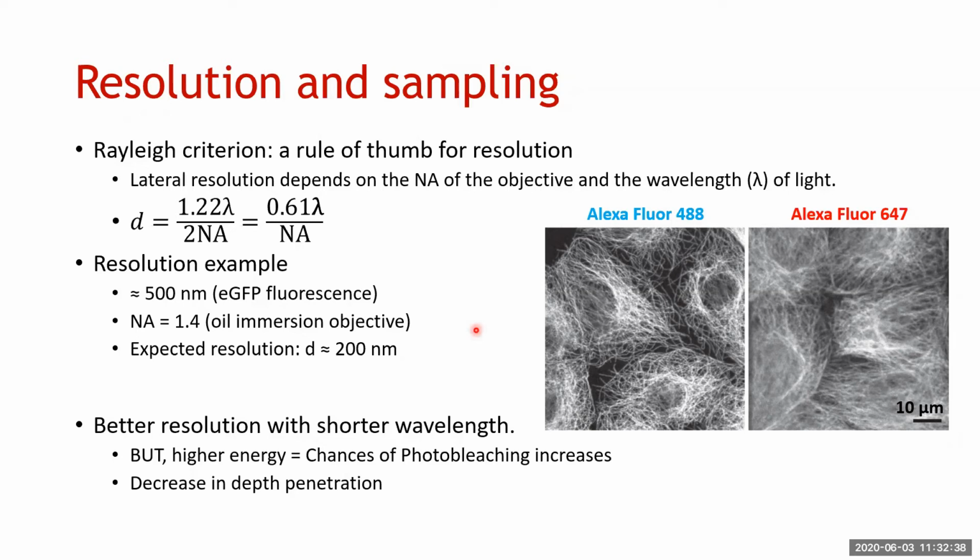If you have only a single stain, you want to use something a little bit shorter in wavelength if you can. And if you have multi-labeled samples, then perhaps label the target you're most interested in with the shorter wavelength.